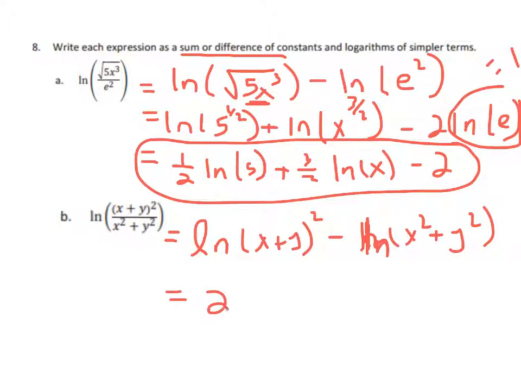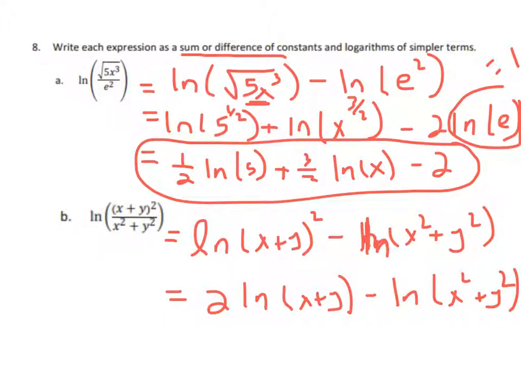So it's 2 times the natural log of x plus y. And then minus, and I can't really do anything else with the other one, natural log of x squared plus y squared. And we're going to just leave the answer just like that.